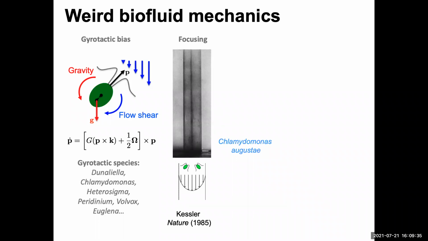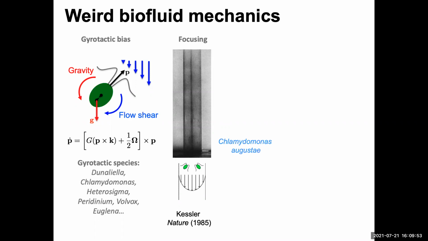Now this is no longer weird, but when Kessler in the mid-80s observed this, he was quite surprised to see this sort of spontaneous pattern formation in a fluid of swimming algae, and eventually he went on to explain it.